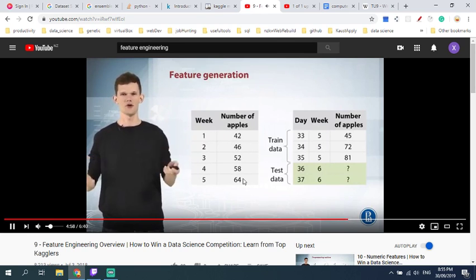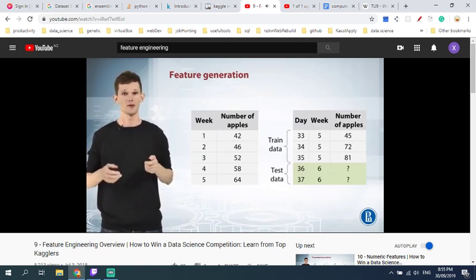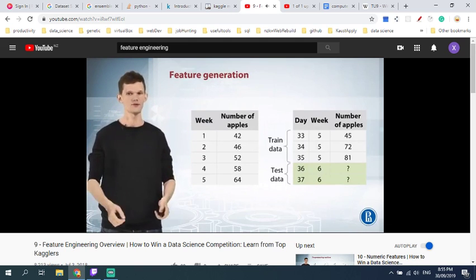We are going to predict the number of apples for the 6th week. Note that we indeed have a linear trend here.